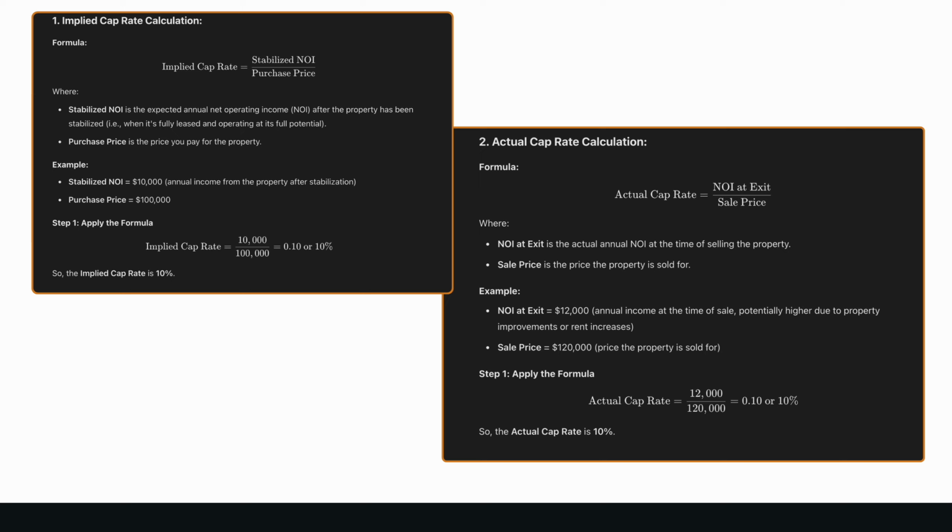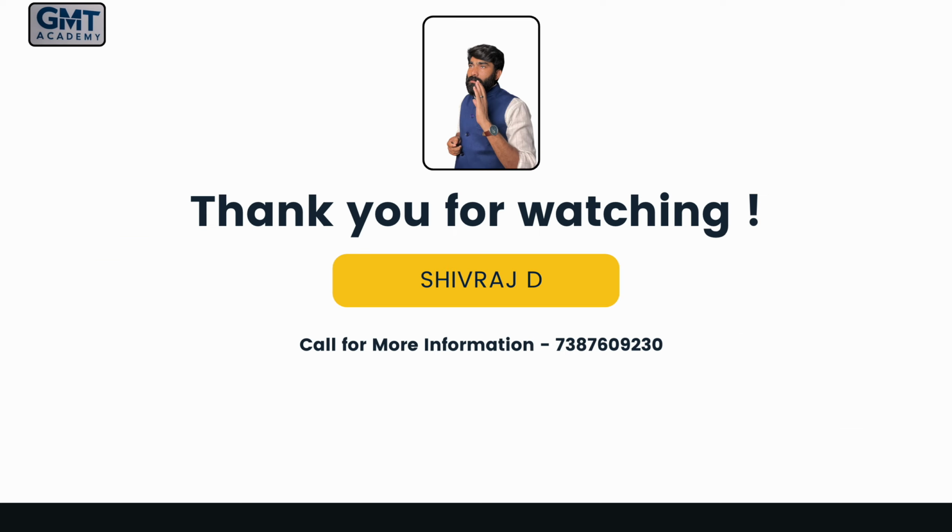The difference is that the implied cap rate considers the purchase price and stabilized net operating income, while the actual cap rate considers the net operating income at the time of exit. That's how you can differentiate.